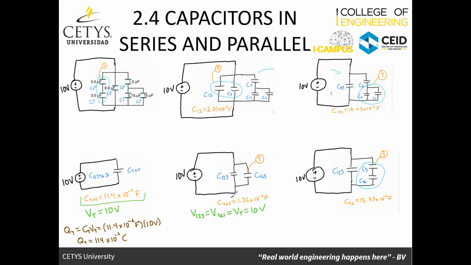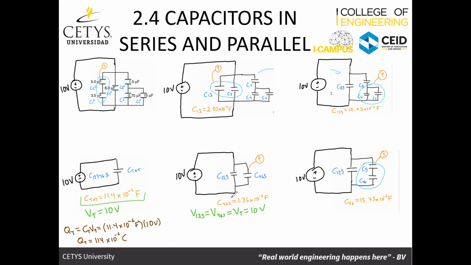Yes, the total capacitance we already calculated, and that's the capacitance of 1,2,3,4,6,5, and that is 11.4. The total voltage is 10 volts, and the charge is going to be the capacitance times the voltage. I think the confusion is this: whatever has a T in it is equal to 1,2,3,4,6,5. So we don't need to calculate it again.